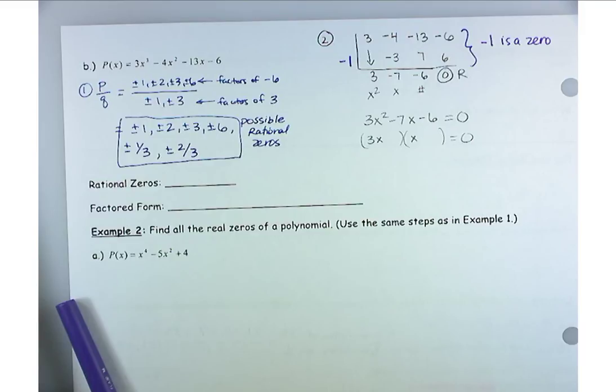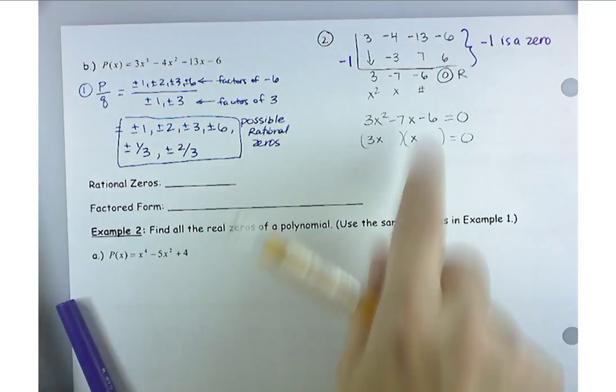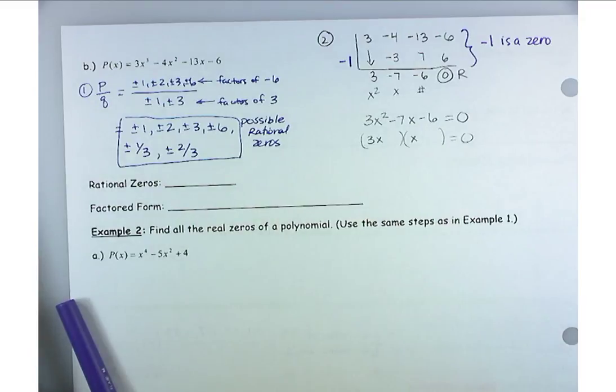Okay, so you have a -6, which means your signs have to be what?